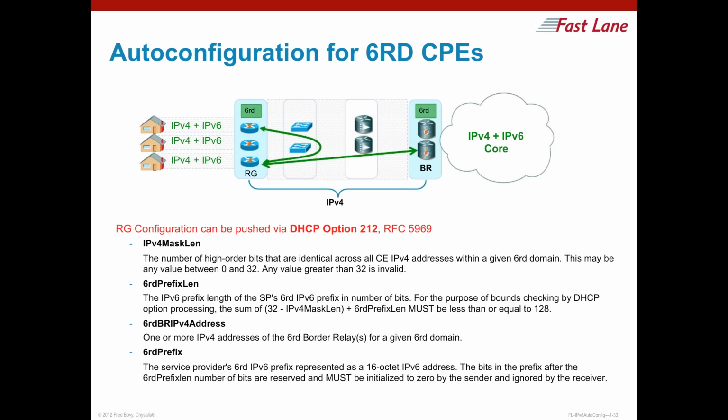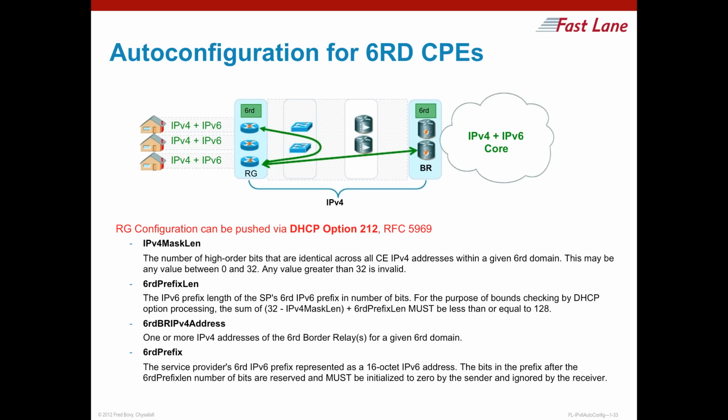DHCP can also be used for some transition to IPv6 protocols like 6RD. 6RD permits you to deploy an IPv6 service over an IPv4 backbone, just like 6PE but without MPLS.